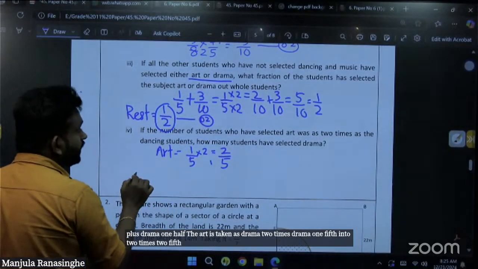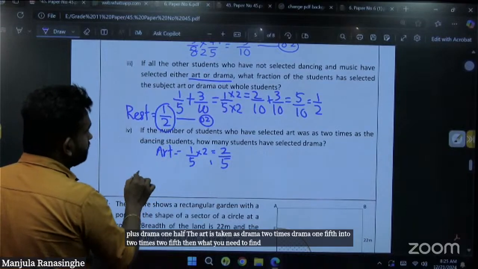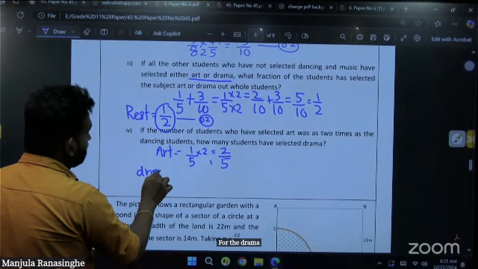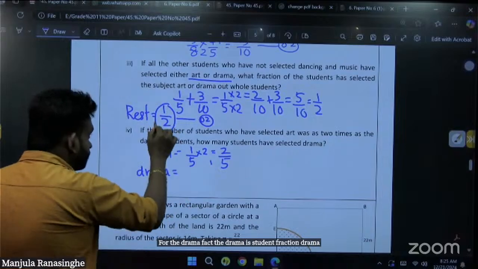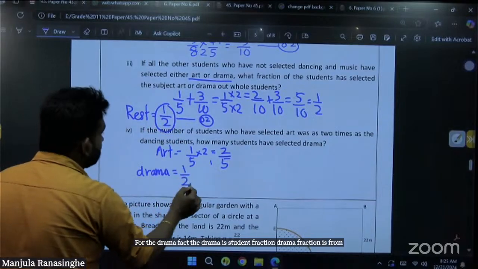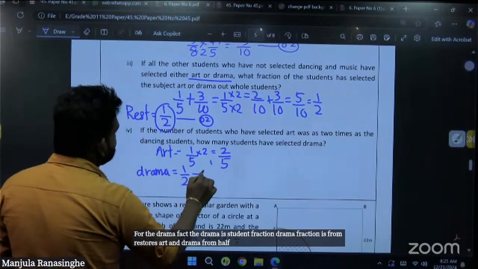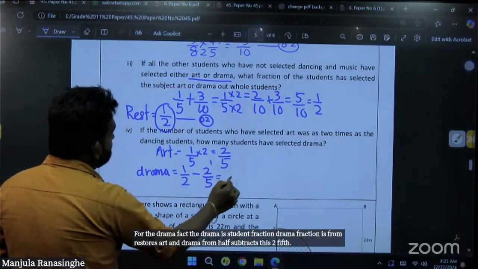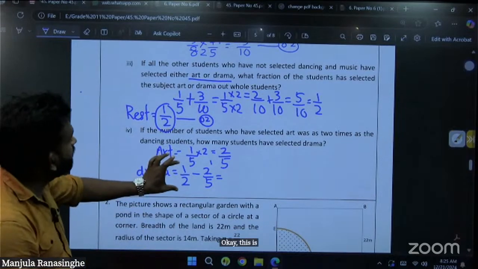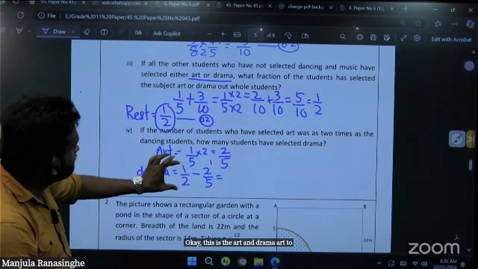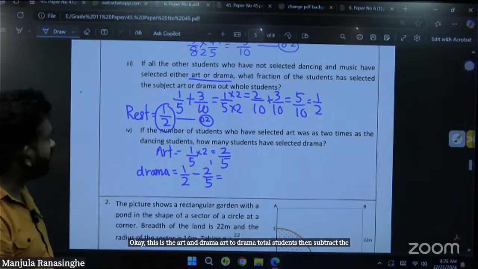Then what you need to find is the drama student fraction. The drama fraction is from the rest, which was art and drama. From half, subtract this 2/5, the art students.